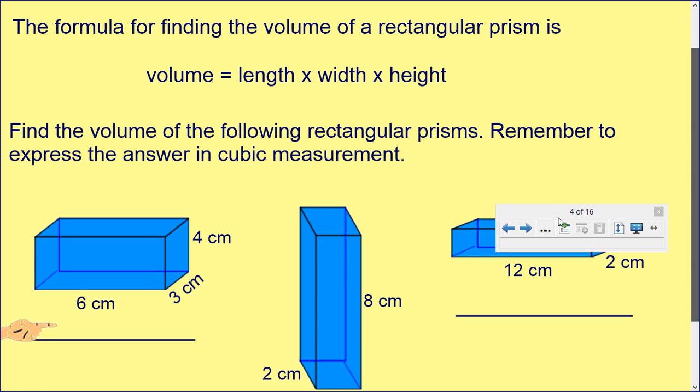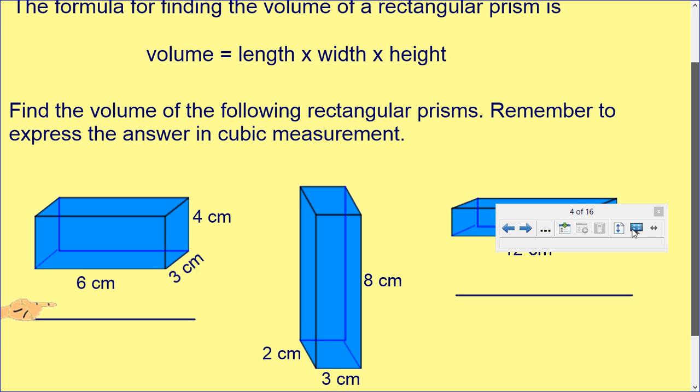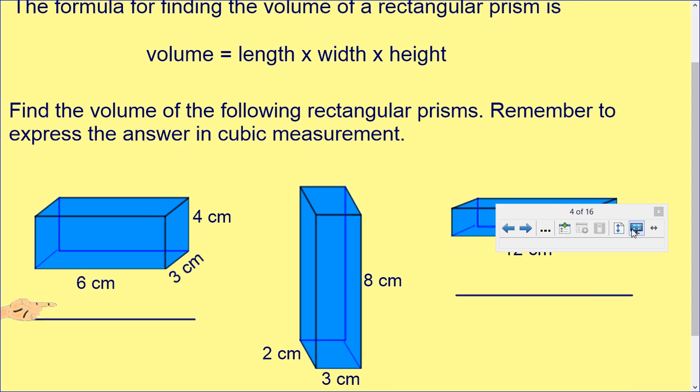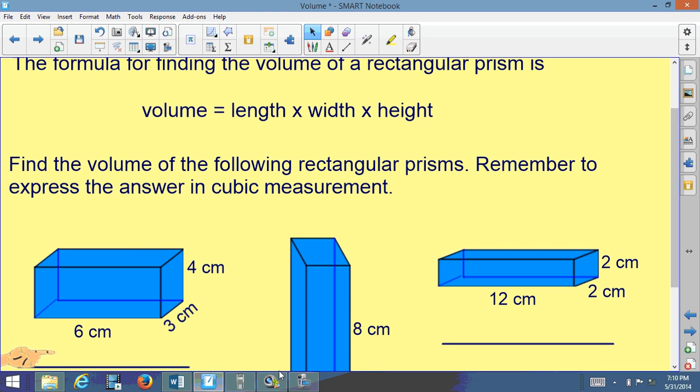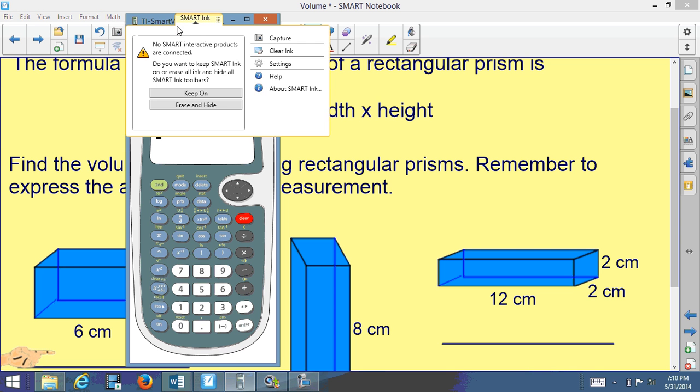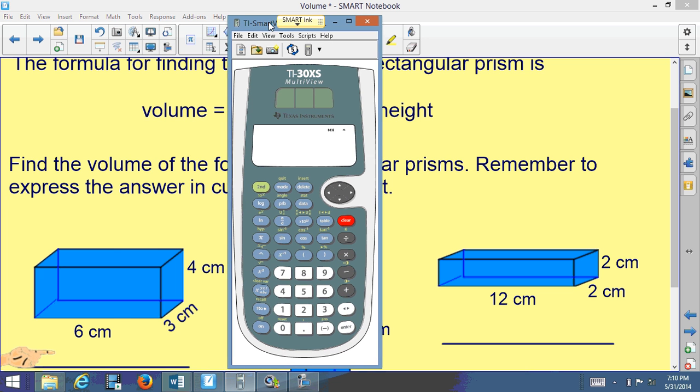So we have 6, which is the length. And this time I'm going to get my calculator to help me out a little bit. So let's move this over a little bit.